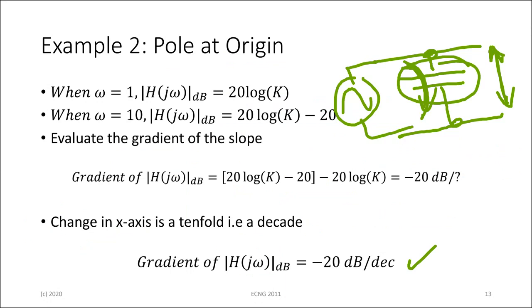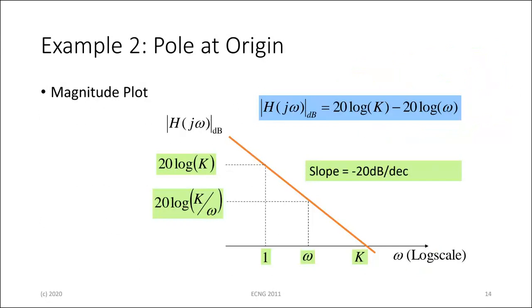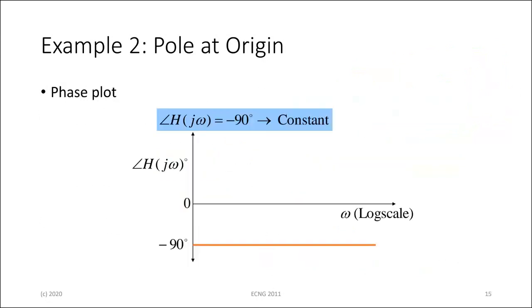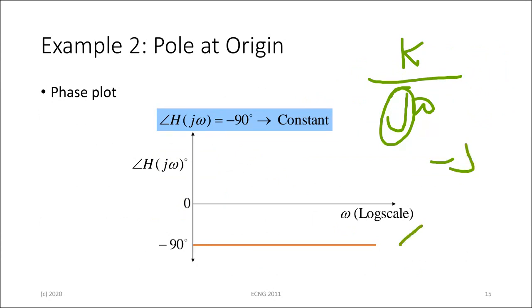And what about the phase? The magnitude response is going to look like that. What about the phase? Well, H(j omega) is K over j omega, so the phase is a minus j, which is minus 90 degrees.